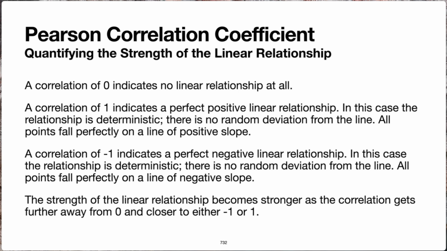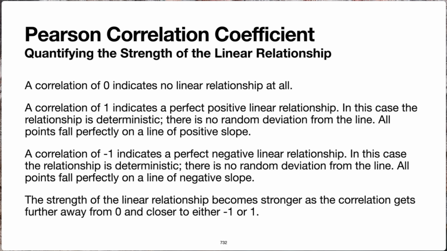A correlation of +1 indicates that a perfect positive linear relationship exists between the two variables. In this case, the relationship between the two variables is deterministic. There's no random deviation from the line relating the two variables. All points fall perfectly on a line of positive slope. Similarly, a correlation of -1 indicates a perfect negative linear relationship.